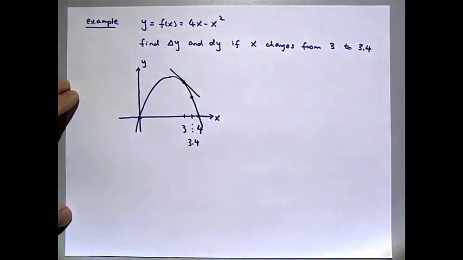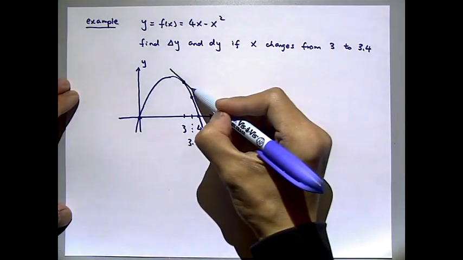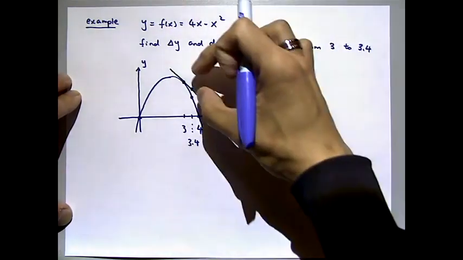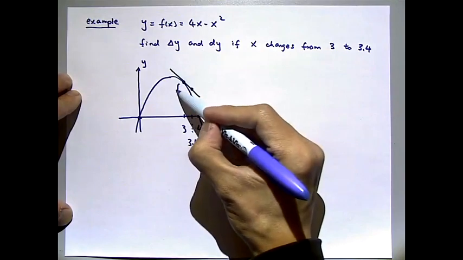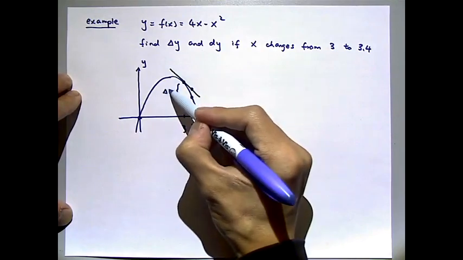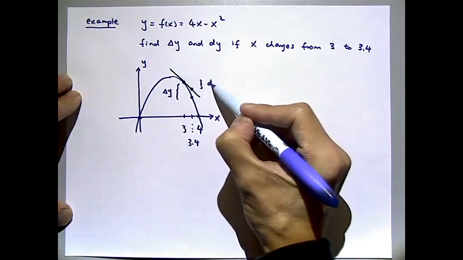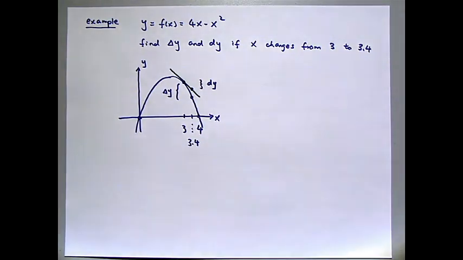So that's where it should be. And this is where the estimated y of 3.4 would be. The difference between these two, this is our delta y, the true change in y. The difference between these two, that's our dy. D is estimating delta. That's the way to look at it.